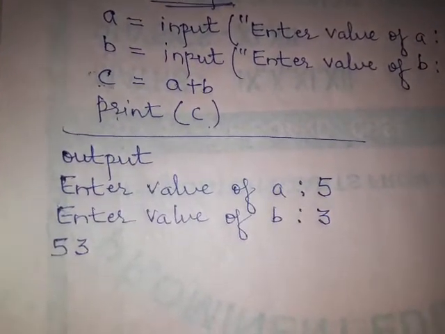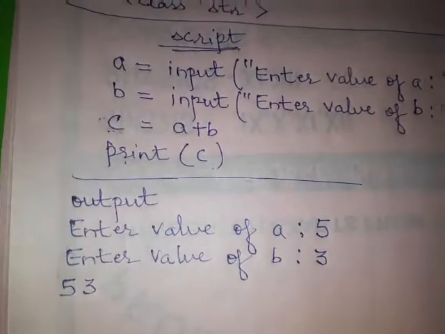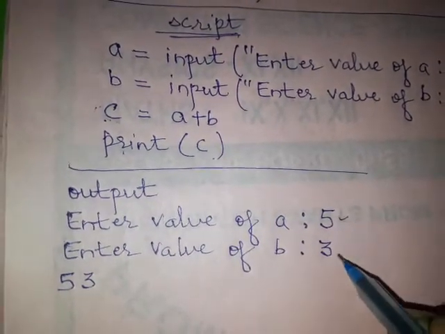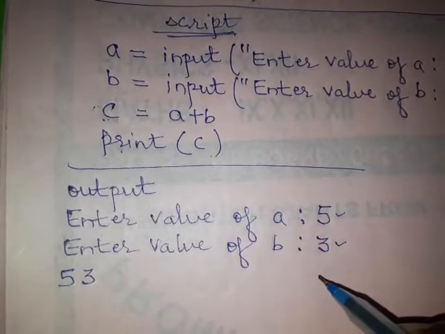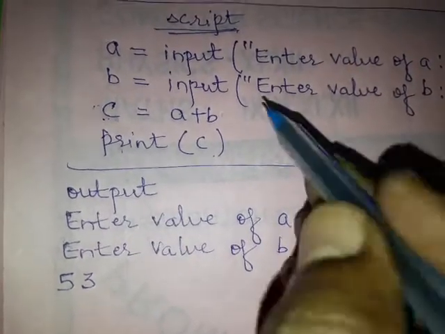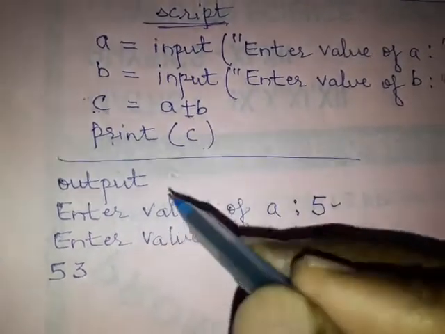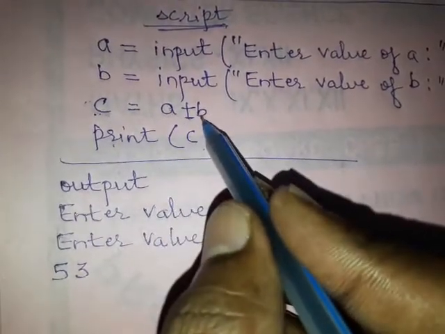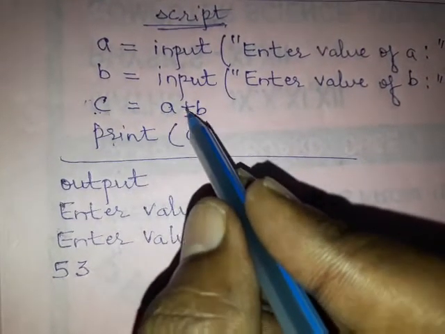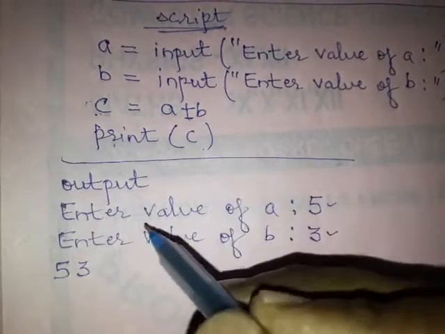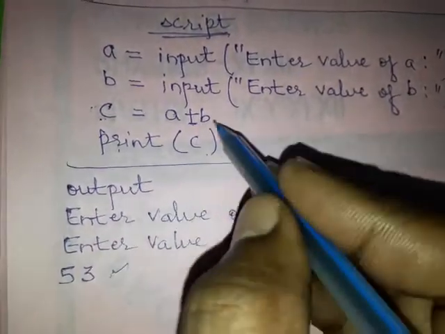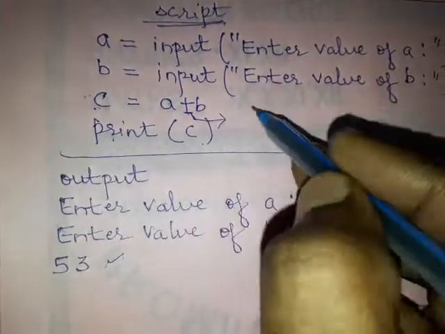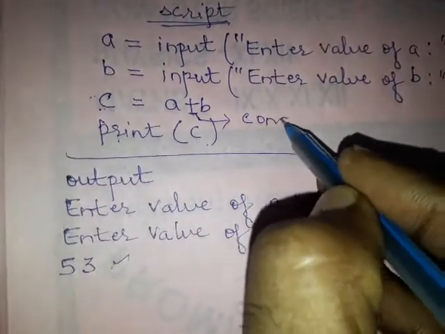This is an undesirable result. It means both values are not of type integer. In case of strings, this plus adds both strings, meaning 5 and then 3 written behind 5. This is not simply an addition, this is concatenation.